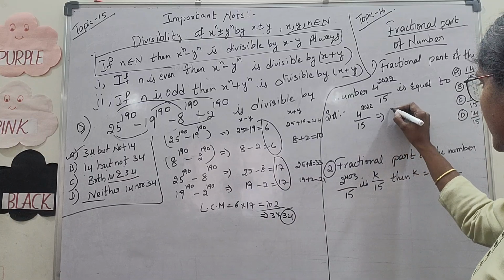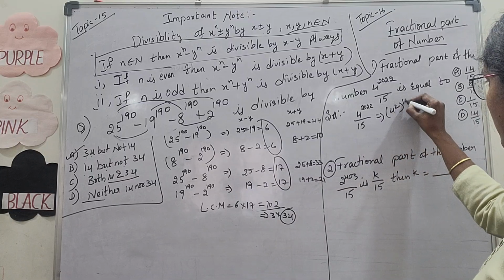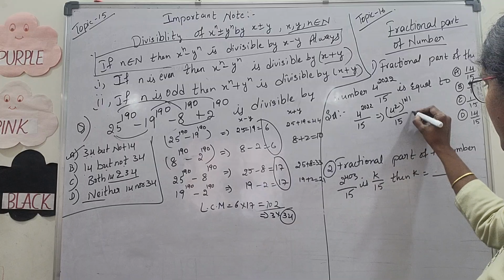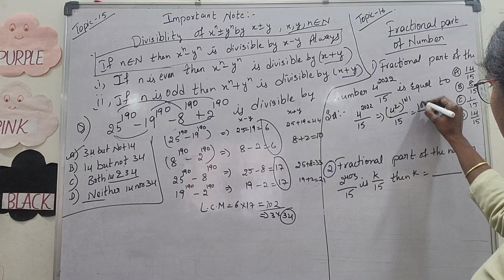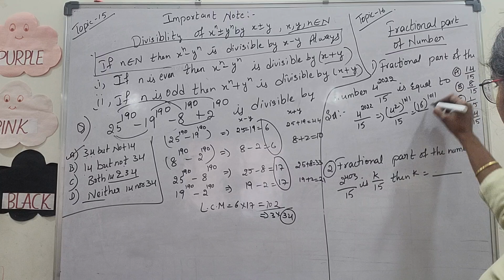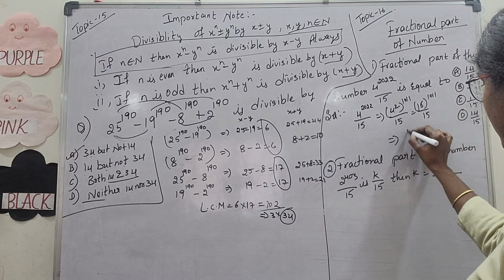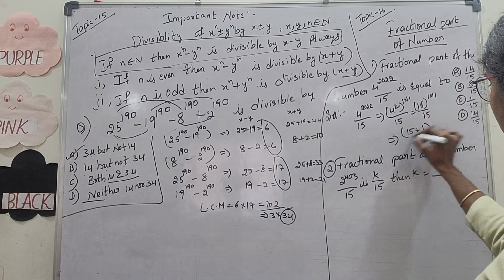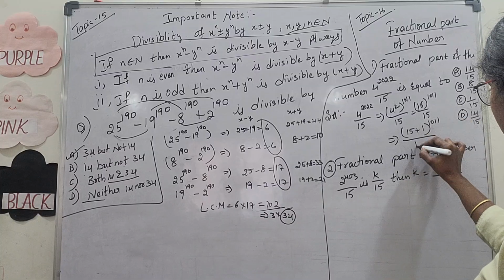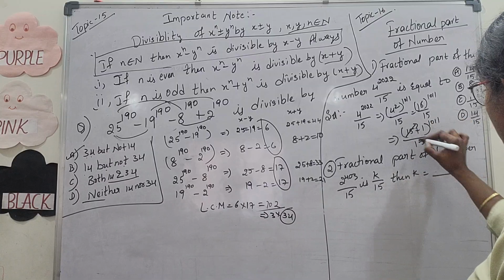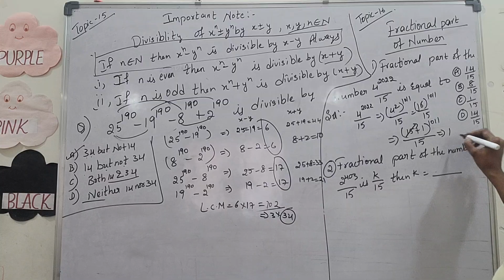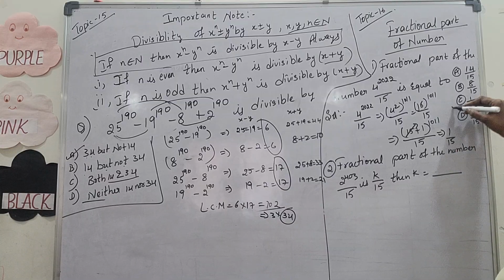So I'll write 4 square to the power 1011 by 15, that is 16 power 1011 by 15. 16 I can write as 15 plus 1 whole power 1011 by 15. If I cancel the 15 terms, it is 1 by 15. So your answer is 1 by 15.